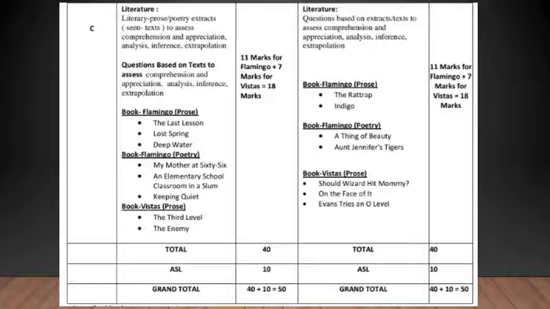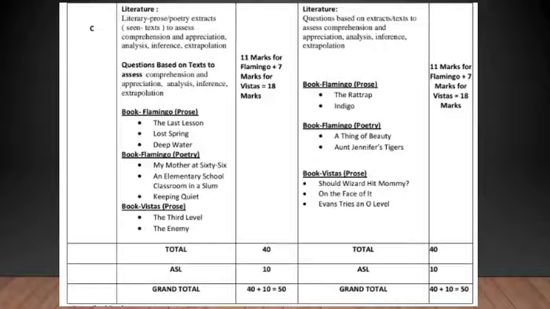And it is very important for you to study right from the beginning, because the monthly tests, periodic tests are also very important. And ASL will also be conducted in first term too.